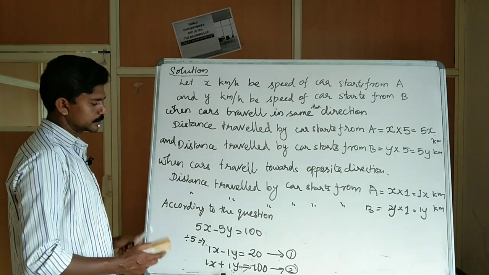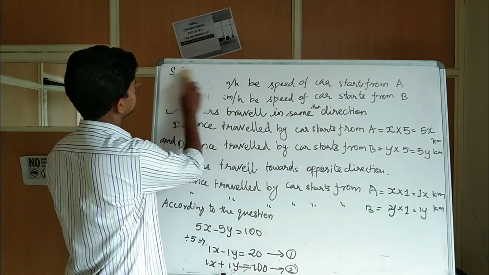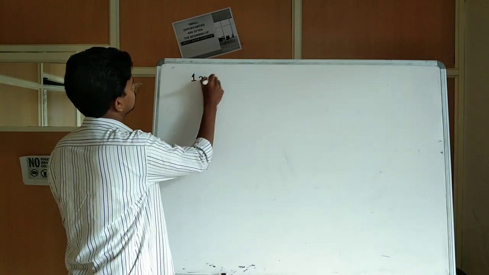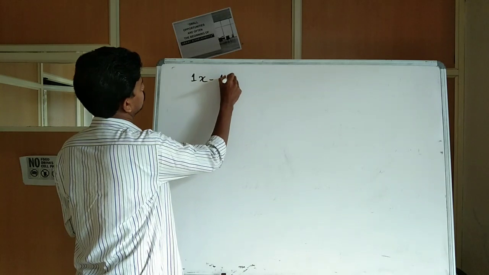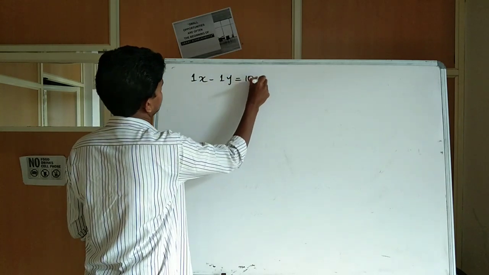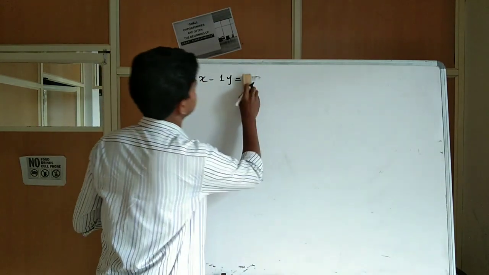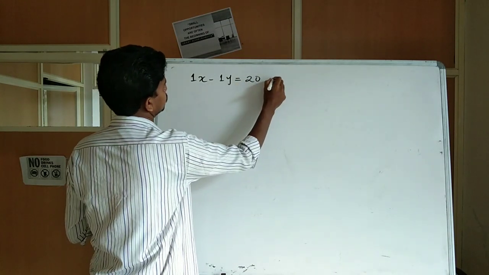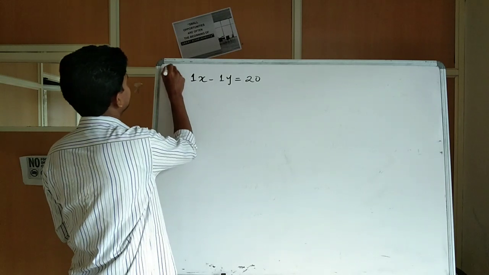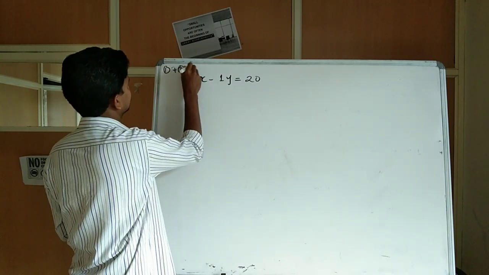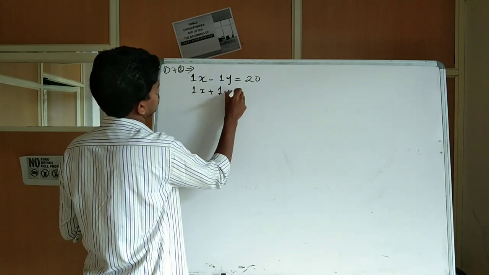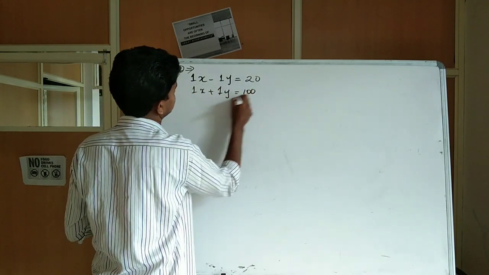Equation 1 plus equation 2: 1x minus 1y is equal to 20, and 1x plus 1y is equal to 100.